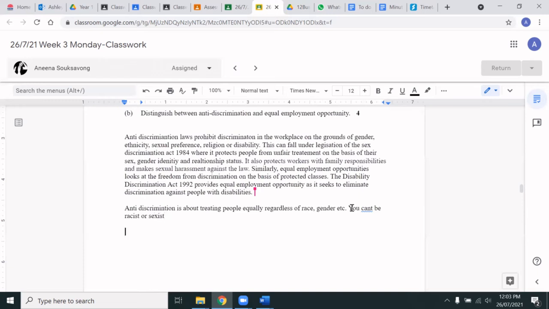Now, equal employment opportunity takes things further. All right, a step further is about treating all people, let's say all workers, because it is about workers, fairly and equally, except for one thing.